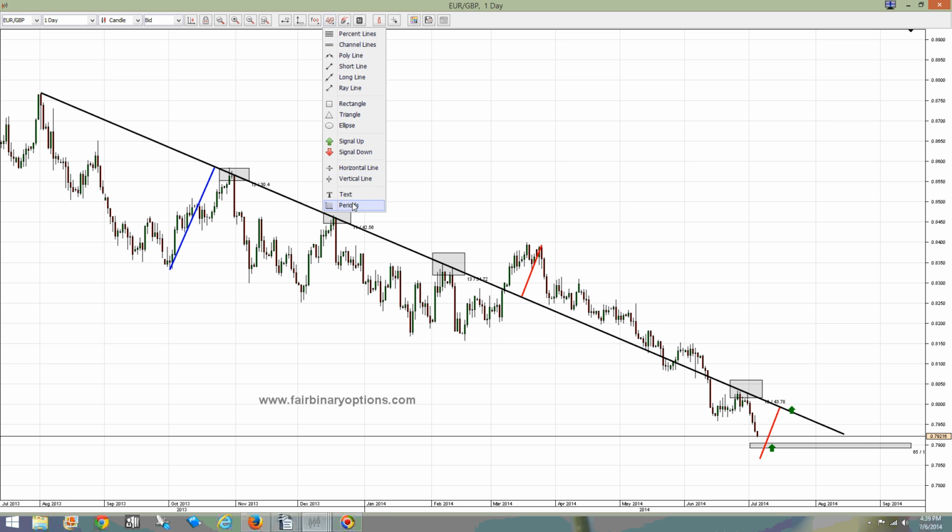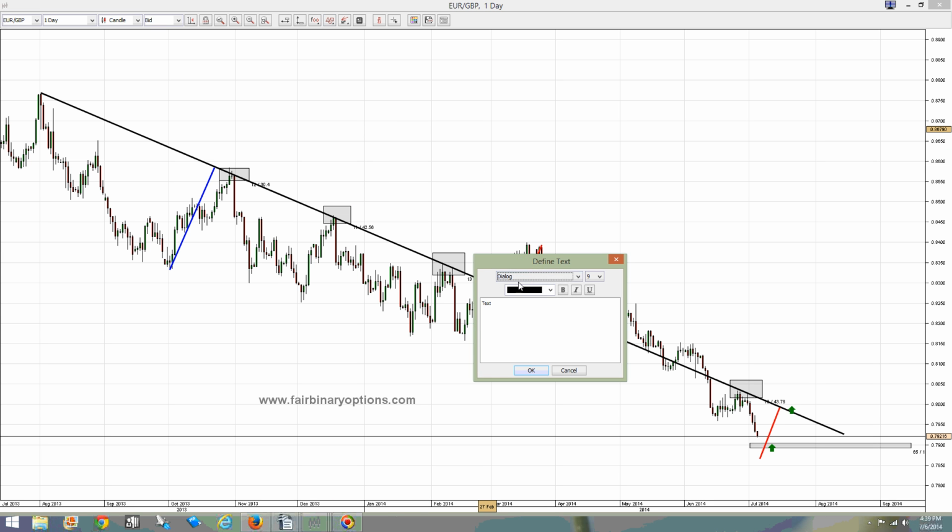So let's write on the screen. What we're going to do here is looking to buy call options with 1 week expiration date on a dip below 0.79, and also looking to buy call options with 1 week expiration date as well, on a break of the black trend line.